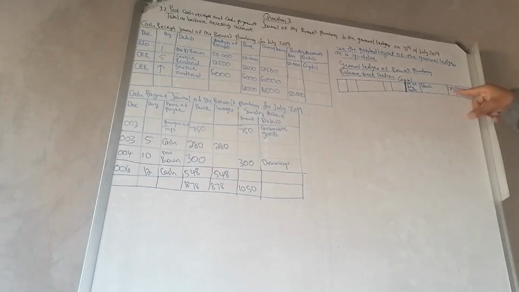Therefore, we recorded that amount under the CRJ. How much was the amount? 50,000. This is the first one.